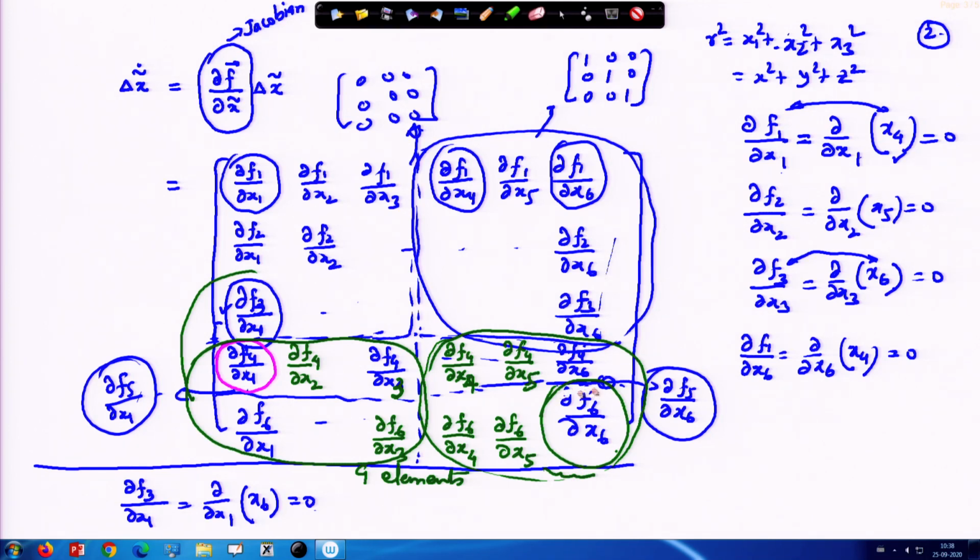So, I will write it a little more clearly. Here we will have ∂f5/∂x6.